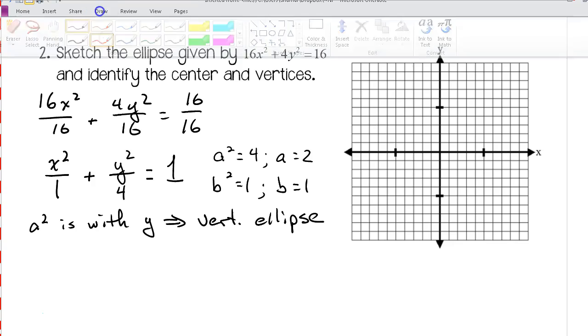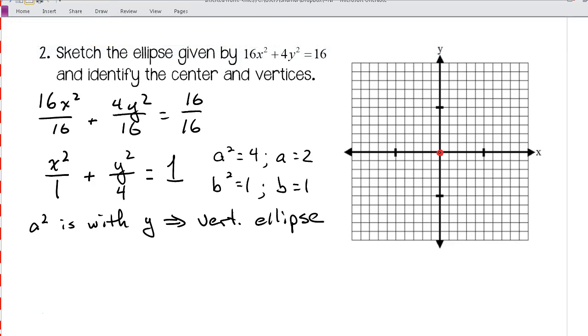So I know that my center is at 0, 0, and a is 2, and since it's vertical, I'm going to go up 2. I'm just going to make each of these large distances 1, so that's going to be 2 up there. And then this will be -1 and -2, so that's going to be -2 that way.